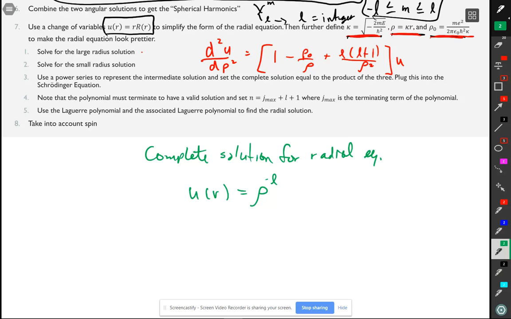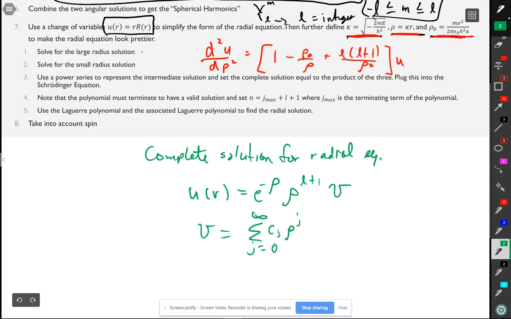Was the rho to the minus L our e to the minus rho? Oh, e to the minus rho. Okay, e to the minus rho, and then what is the short? Rho to the L plus 1. Is it just that? Yeah, there's just a normalization. Okay, we won't worry about that until we're at the end. And then we're going to have v, where v is the power series.